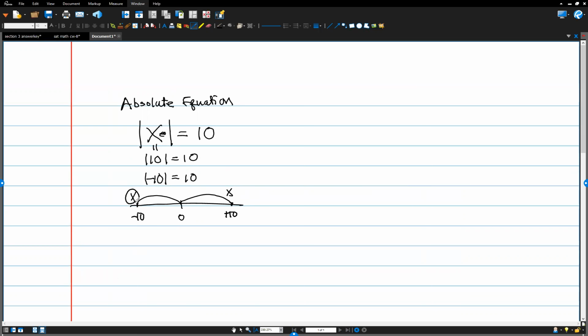That's why the value of capital X is 10 or negative 10. That's the equation. Always plus or minus when you have a positive distance. When you have the absolute value equal to negative 10, that distance cannot be a negative number, so in this case we say no solutions. Always when this number is positive, then we have two solutions.